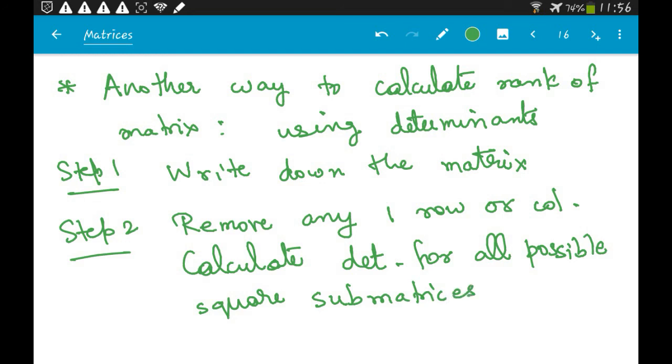You need to calculate the determinant for all possible square submatrices.